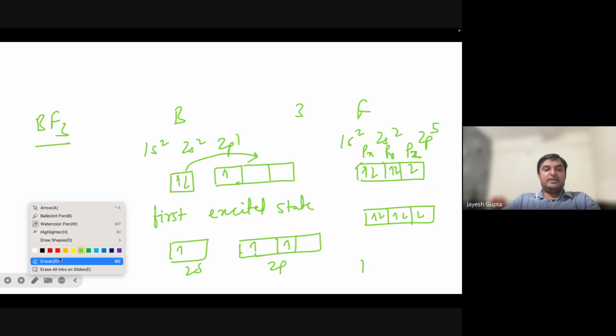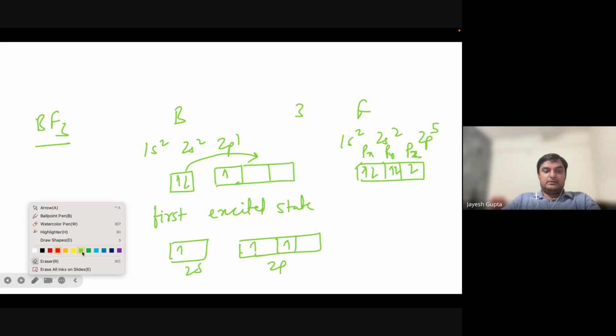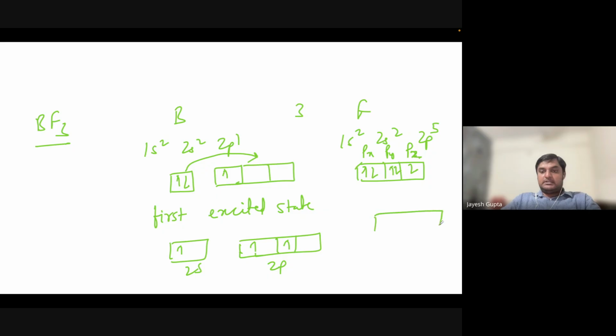In the second one, you keep the single electron in the middle one, which becomes py, and in the last one, px.